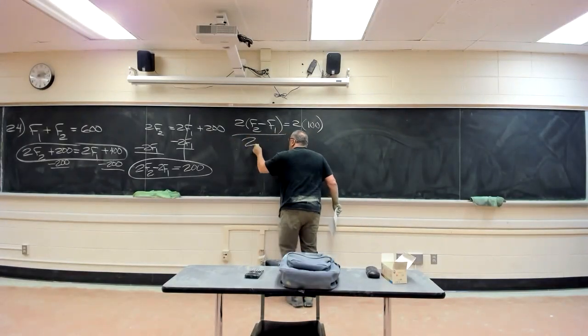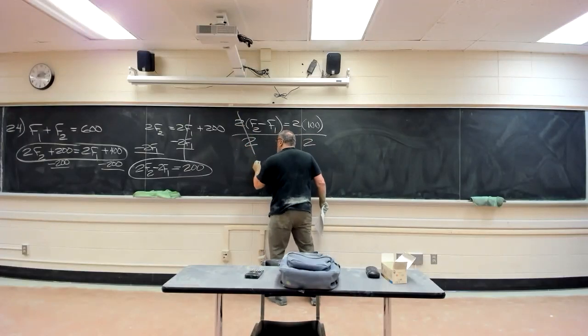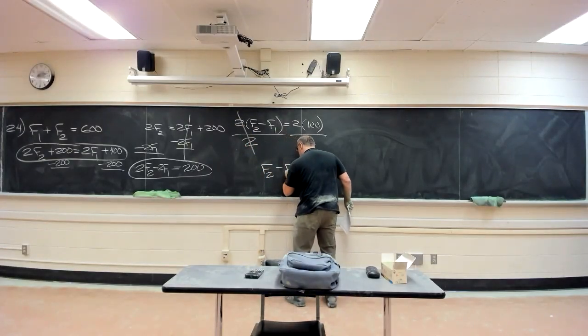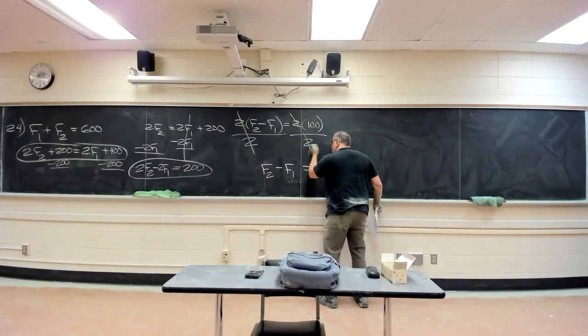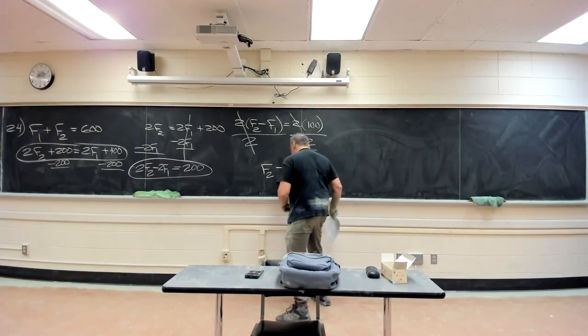You know where I'm going. Divide by 2 on each side, and I've got F2 minus F1 equals 100. True.